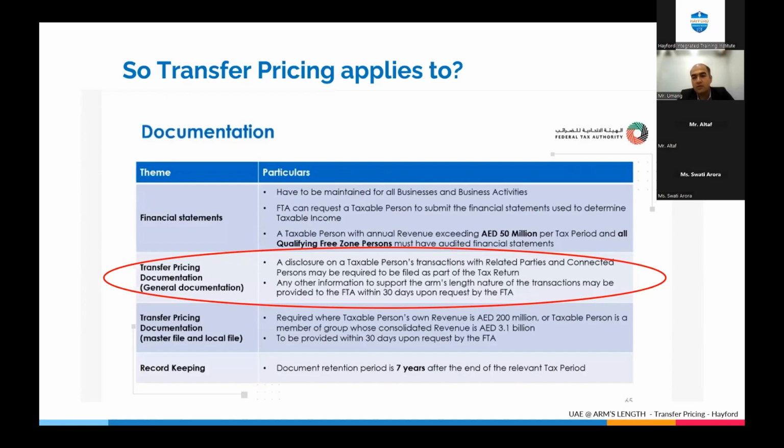Because I'm sure even if there is a query or an inquiry or questions raised by the FTA, they would be raised after a couple of years or maybe after 3 years of filing. And by that time, you may or may not have all the documents in place unless it is done on a contemporaneous basis. So our suggestion or recommendation is to definitely look at all these transactions, and mind you, not only transactions but also arrangements, right?